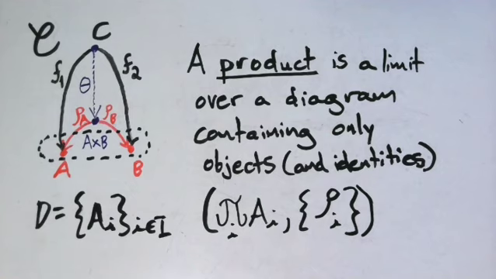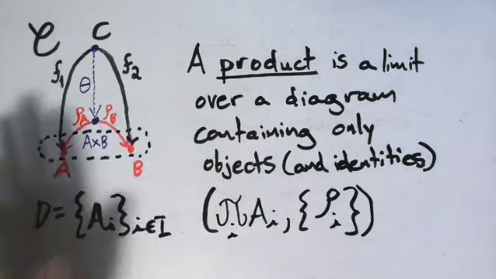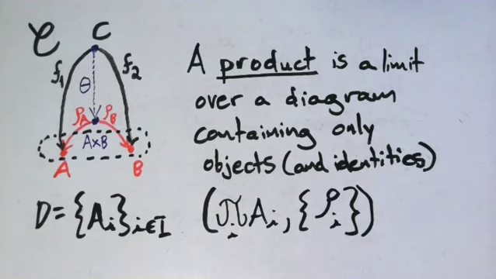Now, when it's the case that for any family of objects in our diagram, we can find a product in the category, then we say that the category has products, or the category has all products.